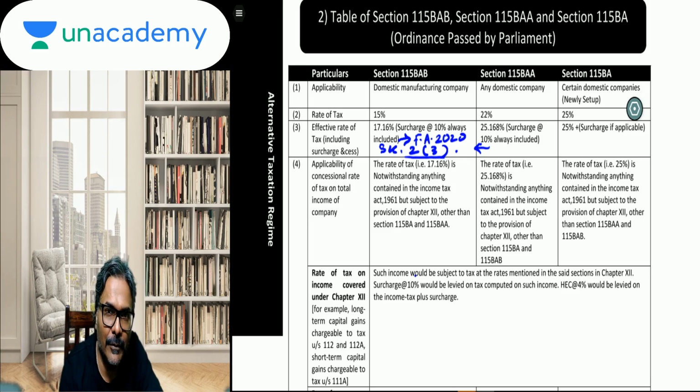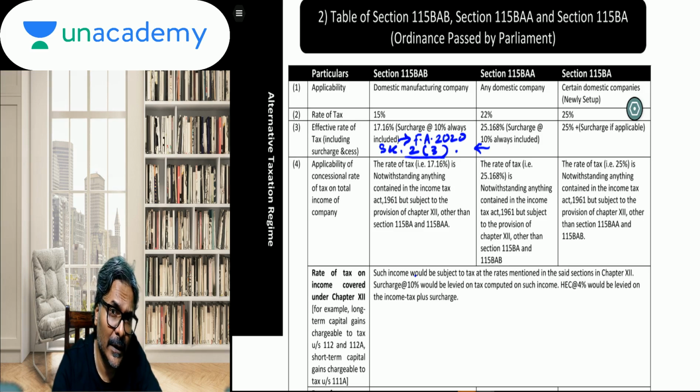So if I refer section 2 subsection 3, there they have said that whatever is the rate, load it up with 10%, which therefore implies that irrespective of the total income, so even though the total income for that domestic company is say rupees 40 lakhs, still the surcharge would be made applicable in respect of the company opting for 115BAB or 115BAA.